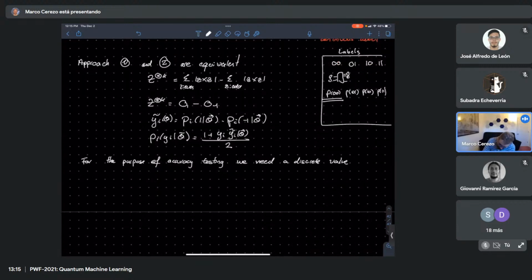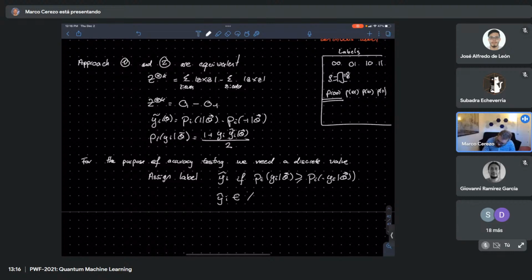So here what we can do is have a rule that says assign label y_i if the probability of y_i given theta is larger than the probability of minus y_i given theta. And as simple as that, we were able to map a quantum state, a quantum circuit, perform measurements, and get just a discrete value, which is going to be called y hat i, the predicted label, and it belongs to the set of labels.